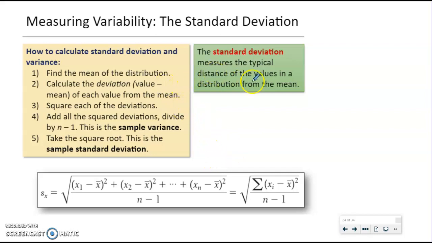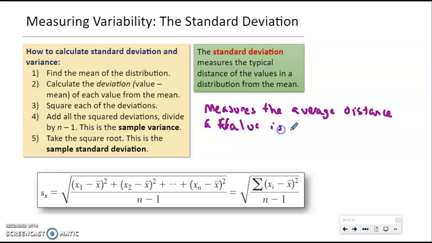And the standard deviation is measuring the typical distance of a value from the mean, or like you might hear me say, it measures the average distance a value is away from the mean.